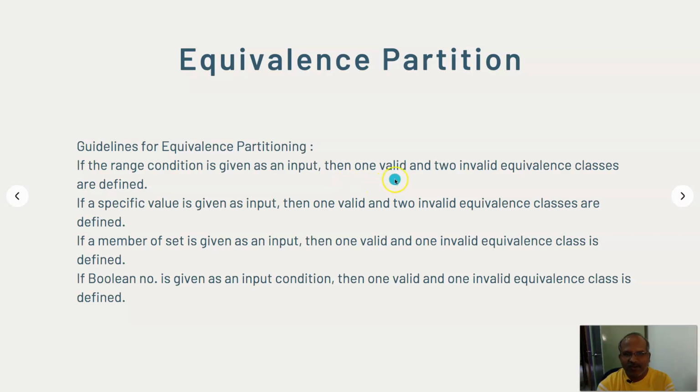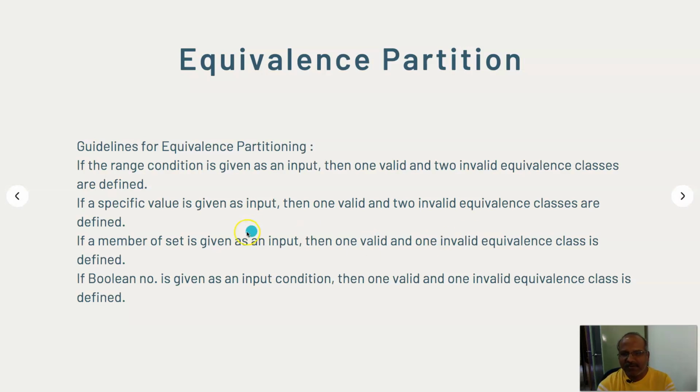Then one valid and two invalid equivalence classes are defined, because invalid values can be below the range and above the range. If you give a specific value, again one valid and two invalid classes are defined. Suppose the valid input is 10: then the valid value is 10, and the invalid values are less than 10 and greater than 10. So there are two invalid classes.